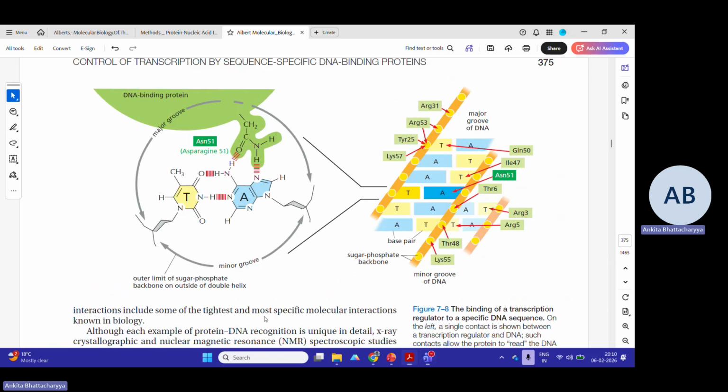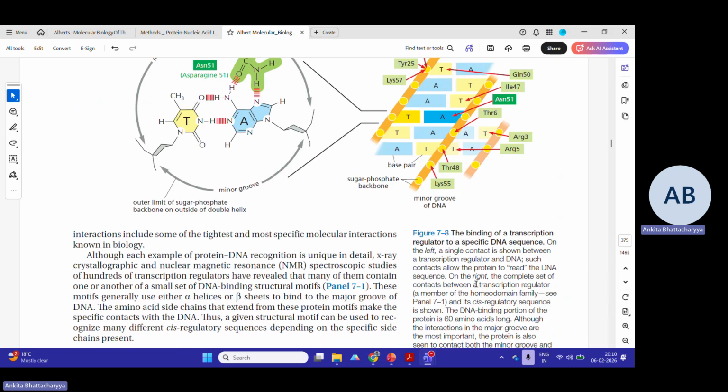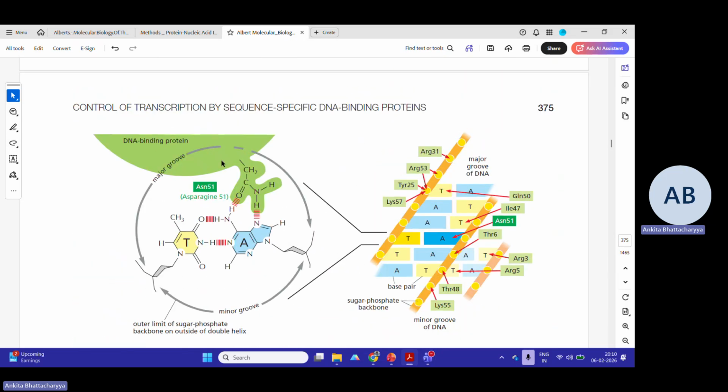If you see this image, this is your DNA binding protein, and this is your DNA, looking at it head on after slicing through it. A single contact is present between this transcription regulator and DNA. Such contacts allow the protein to read the DNA sequence.